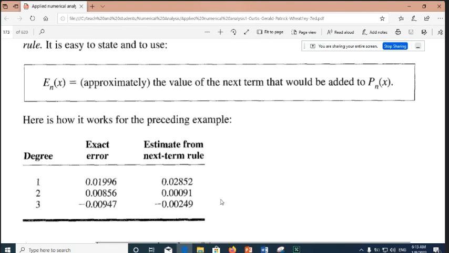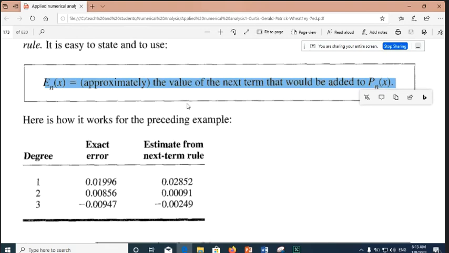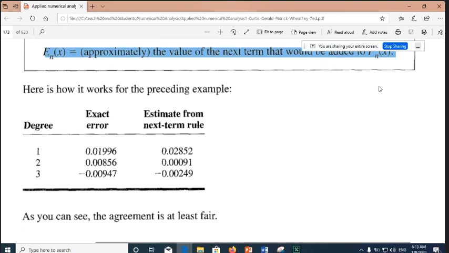And there is a similarity between the second and the third columns of this table, which means this statement, E n of x is approximately equal to the value of the next term that would be added to P n of x.